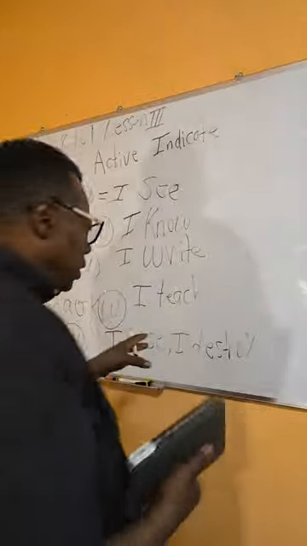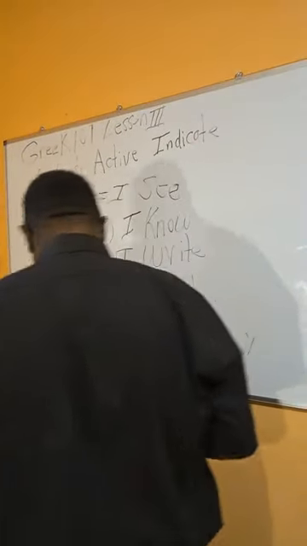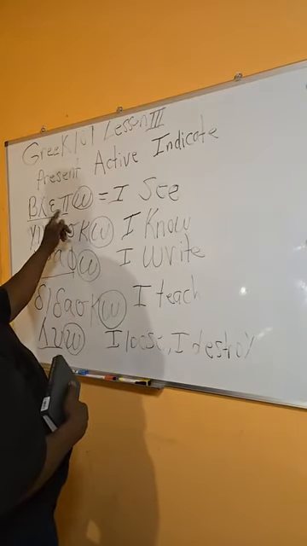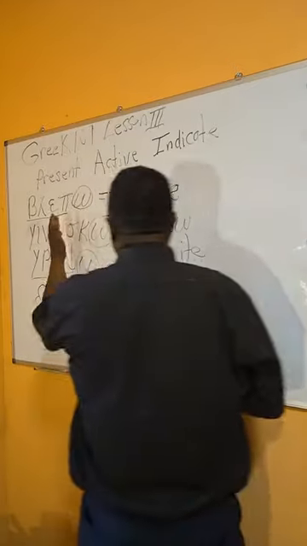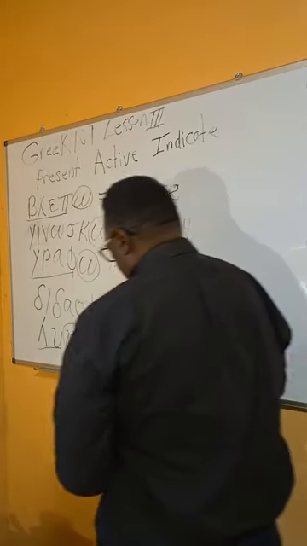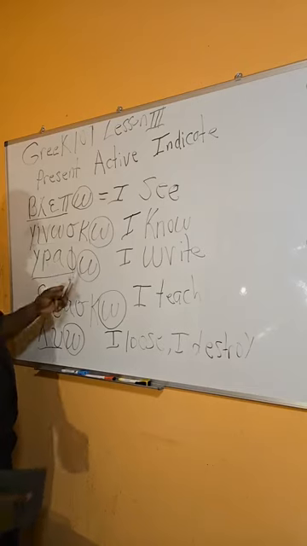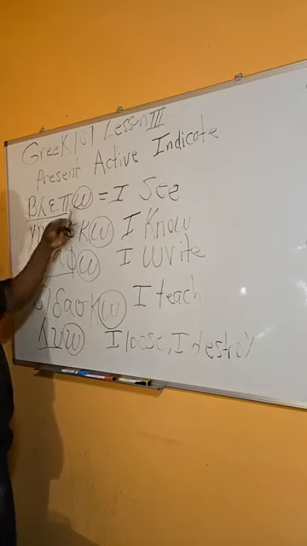So we're going to do a lot of Greek phrases like that as well to get you to see. Greek is not so much like English. As you see already, our subject is combined with the word. Grapho, ginosko, blepo.